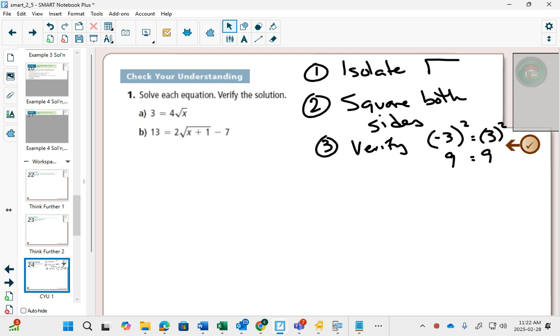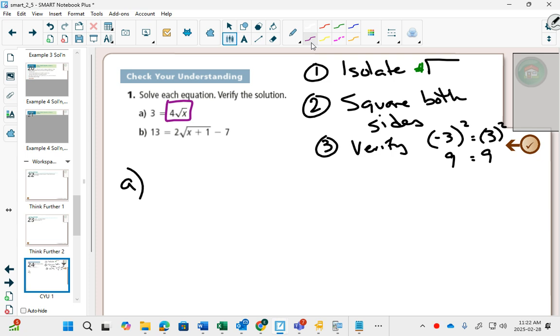And in isolating it, it's okay if there's a number in front. Sometimes you'll leave the number in front. Sometimes you'll get rid of the number in front as well. It won't matter either way. So in question A, here's our term with the square root. It does have a number in front. So technically, it is already isolated.